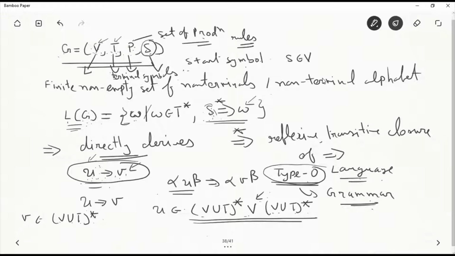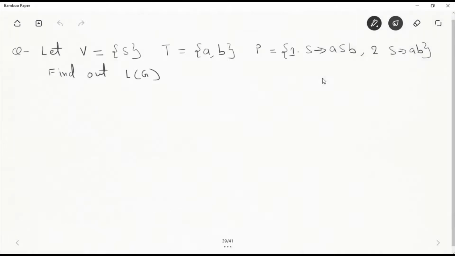Okay, so before we move further, just write down this question. Everyone, write down the question. Let G = (V, T, P, S) be the grammar where V = {S}, T = {a, b}, and P is the set of production rules.